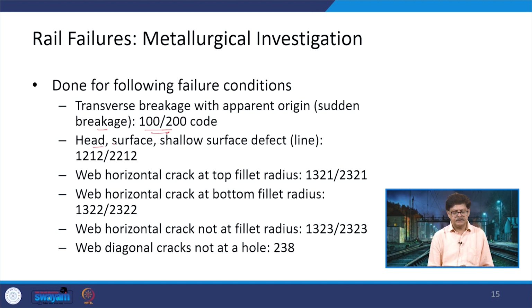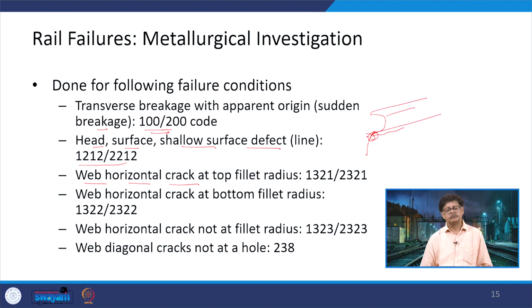If there is a head surface or shallow surface defect all along the line of track, which is being coded as 1212 or 2212, then in this case also it has to go. The third one is the web horizontal crack at the top fillet radii. So, at the top fillet radii here, there is a horizontal crack which is propagating, being defined as 1321 or 2321.